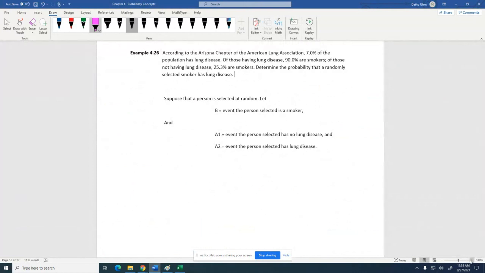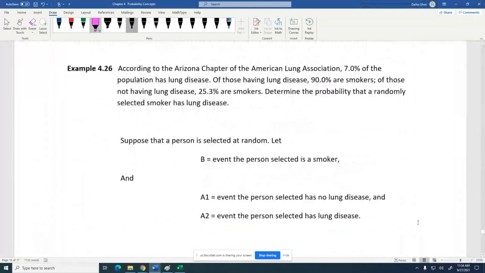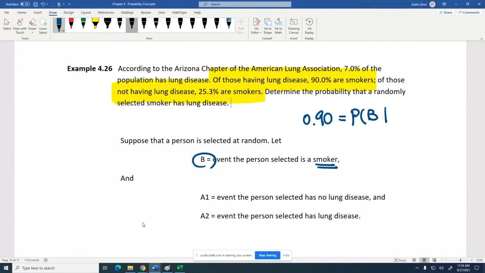Okay, please look at this. Please remember this question. Here is a conditional probability, and here is another conditional probability. So now 0.90, that was the probability of B, I mean B is smoking, given A2, the lung disease.